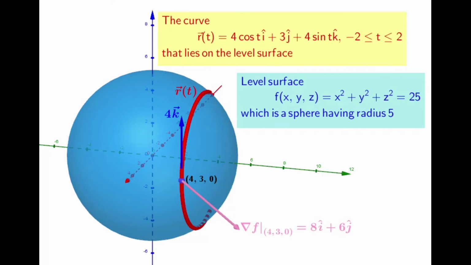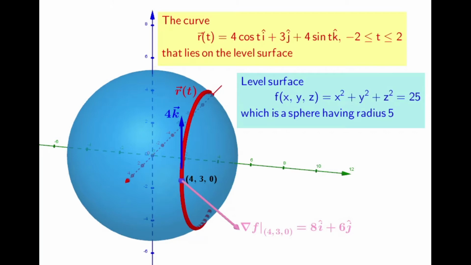There also you can see that such velocity vectors also are orthogonal or perpendicular to the gradient vector 8i plus 6j. So for all the velocity vectors corresponding to different curves that pass through the point (4, 3, 0), grad f evaluated at (4, 3, 0) is a perpendicular vector.